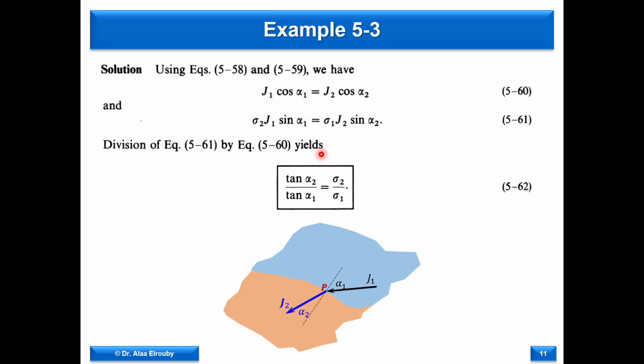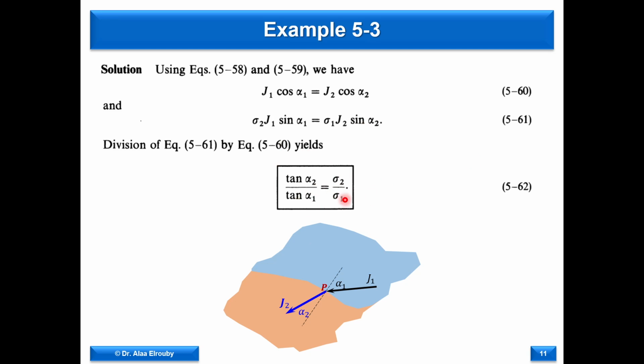As we did many times before, we can divide this equation by this equation. So it will be sigma 2 tan alpha 1 equals sigma 1 tan alpha 2.